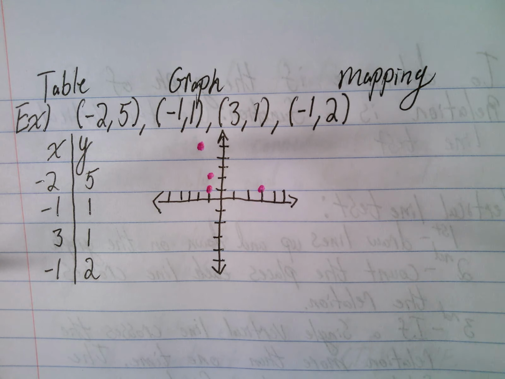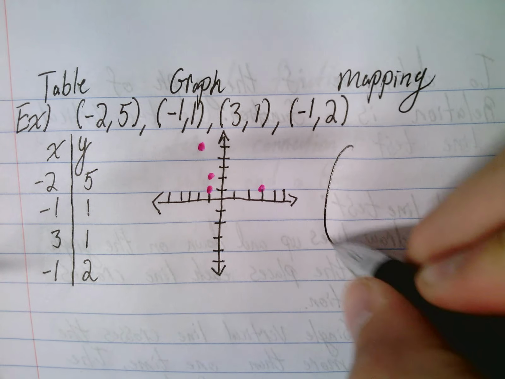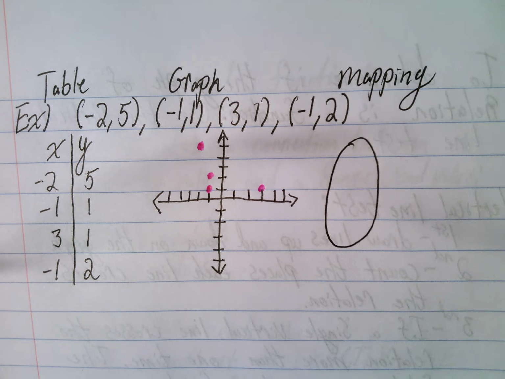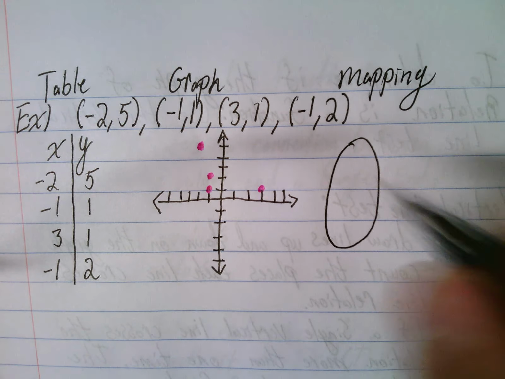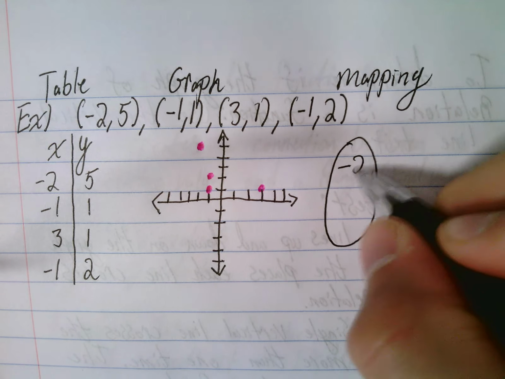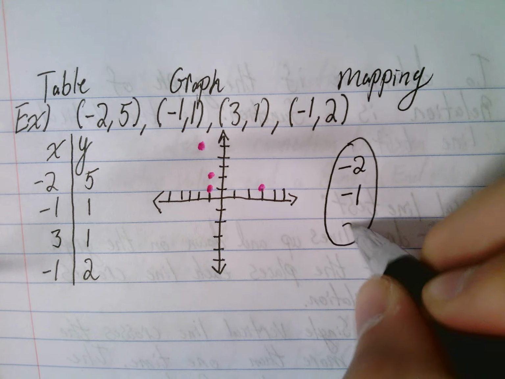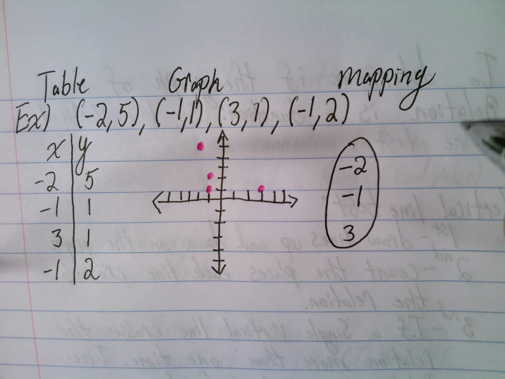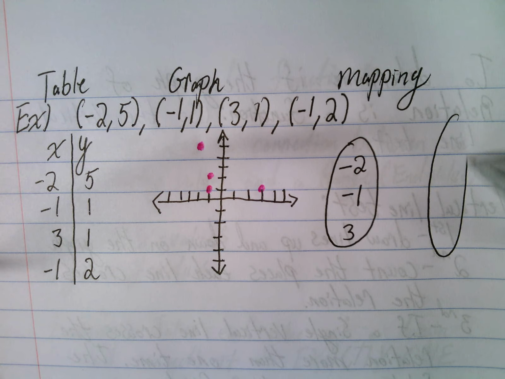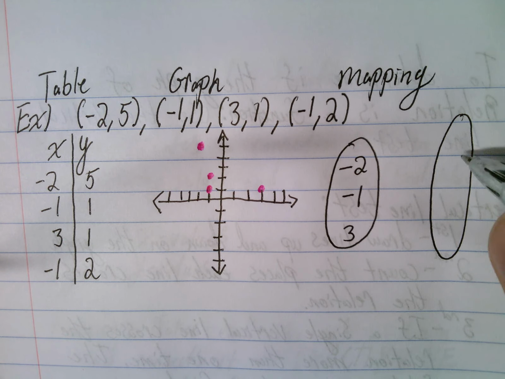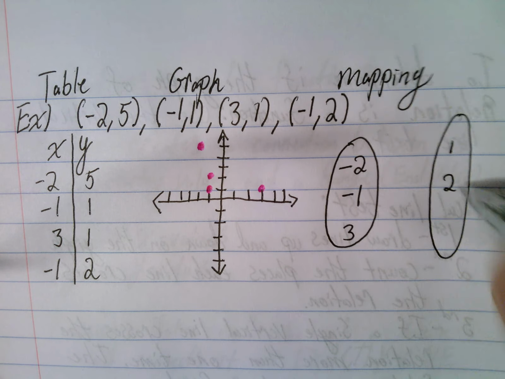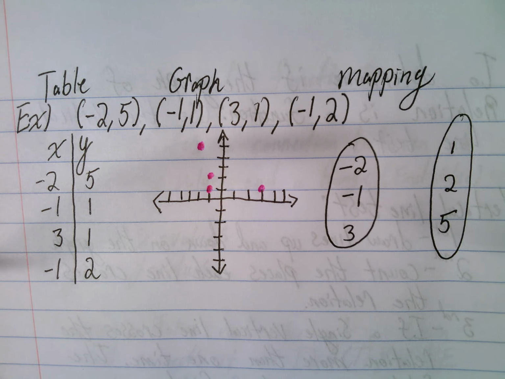And then let's look at mapping as well. In the mapping, I'll have negative 2, negative 1, and 3. And that'll go to 1, 2, and 5.